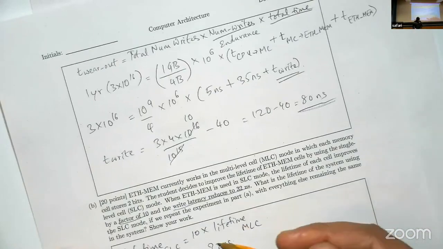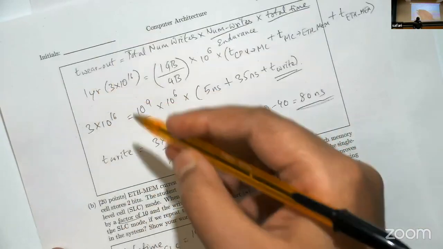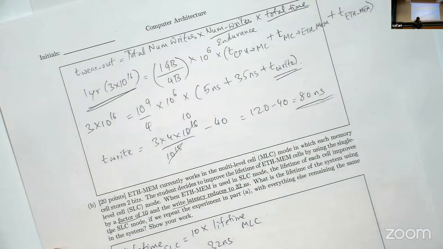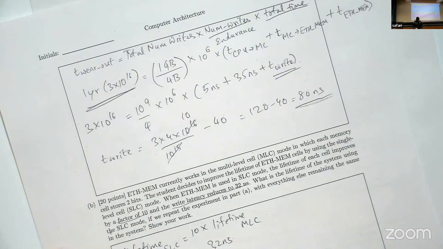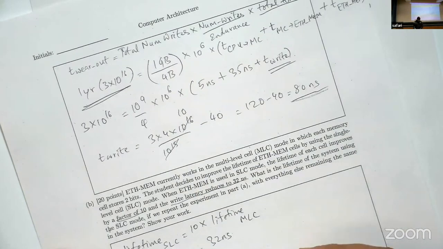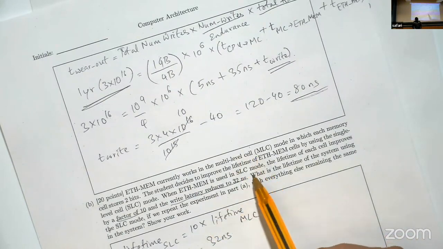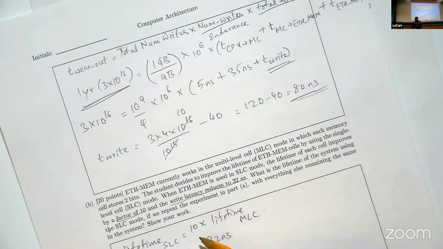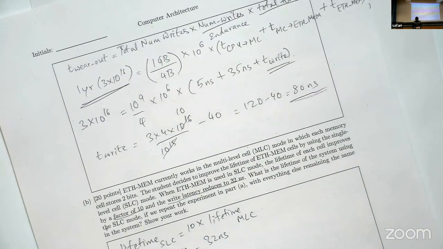Here we again find the T wear out. One thing you have to keep in mind is that the student has decided to use the SLC mode, which means that earlier it was in MLC mode, and now the density or capacity of the device reduces by half.